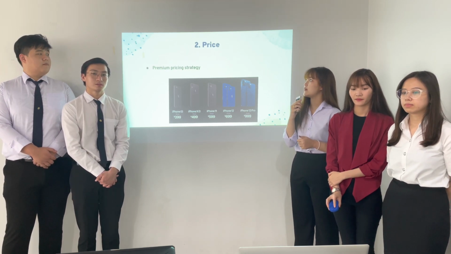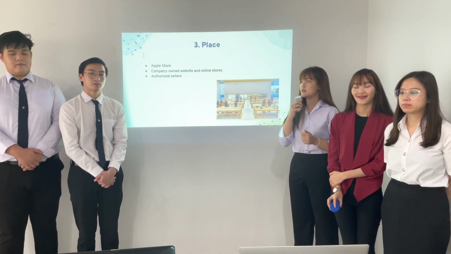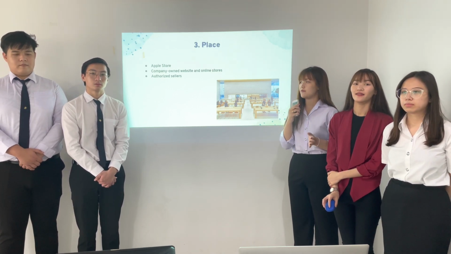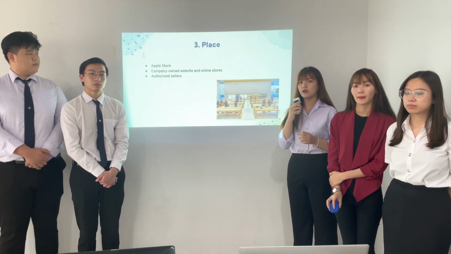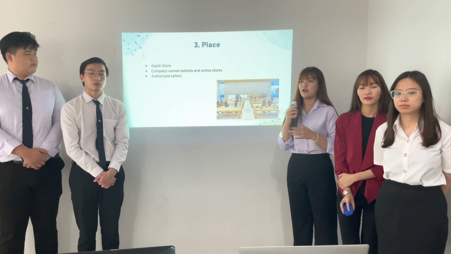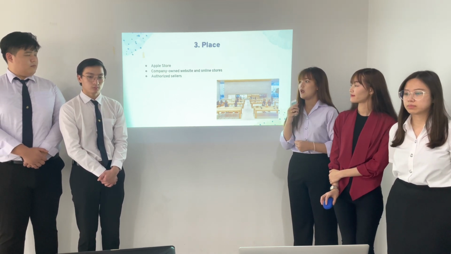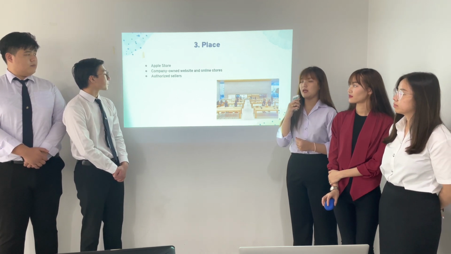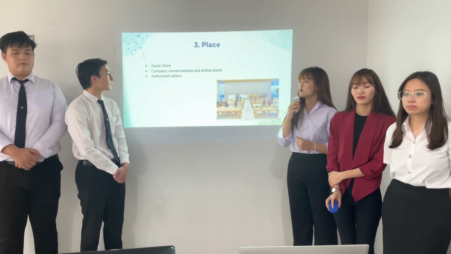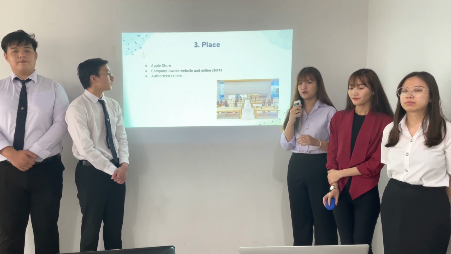For the third P, which is the place, Apple company sells their products in many places. For example, the Apple Store, which is a shop located in many countries, where a lot of customers can go inside, see the product and buy it. And apart from the shop, they have the company-owned website and online store, which allow the customer to go through their website and buy online.